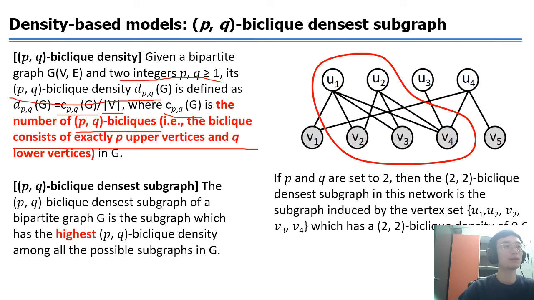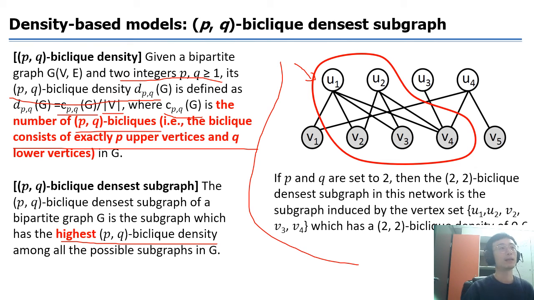We also have the concept of the p,q-biclique densest subgraph, which is the subgraph that has the highest p,q-biclique density among all the possible subgraphs. For example, in this figure, if p and q are set to 2, then the 2,2-biclique densest subgraph in the network is this subgraph. The difference between the p,q-biclique density and the previous density metrics is that it can be adjusted by adjusting the parameters p and q.